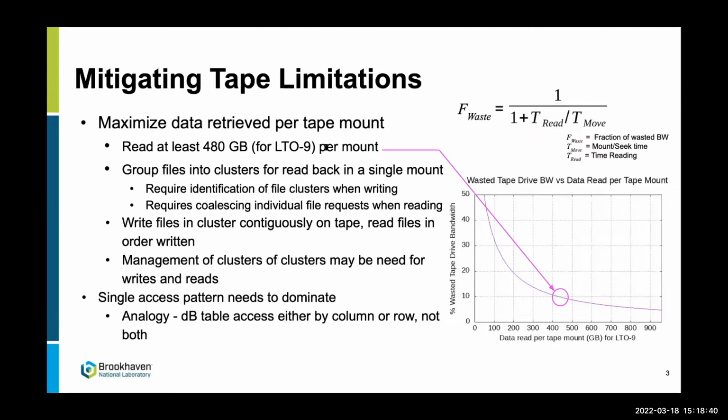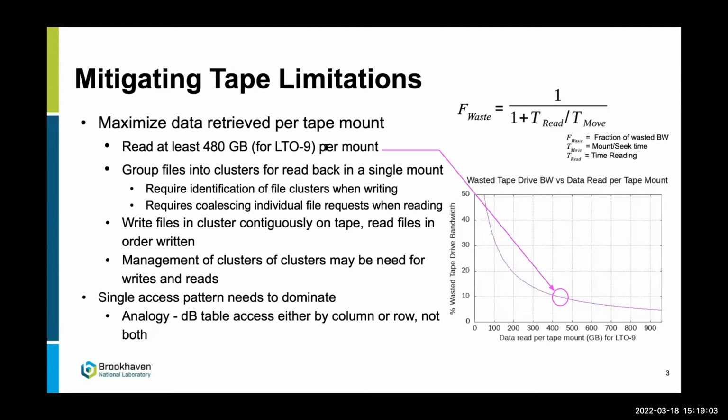The faster the tape drive, the more data that you're going to have to read per tape mount in order to hit a 90% utilization of tape drive bandwidth, right? Now 480 gigabytes is substantially larger than a typical file that one might be reading.